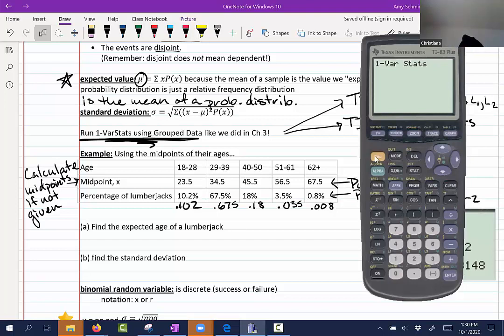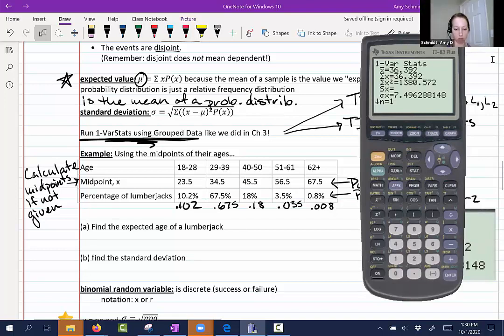Good, all right, press second, 1, comma, which is above the number 7. The comma has its own button. And then second 2 puts the L2 there. Does your screen look like mine now? Yes. Awesome. Let's press enter. Do we have the same numbers now? Yes. Ah, yeah. So you just didn't have the L1 comma L2 part in there.